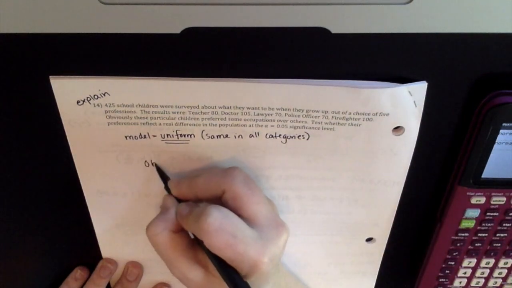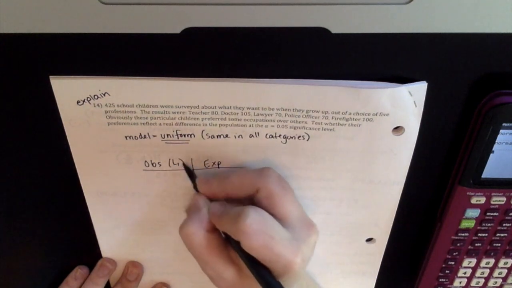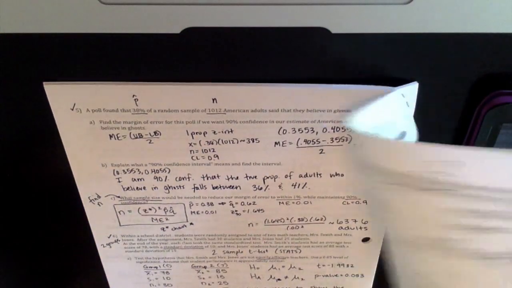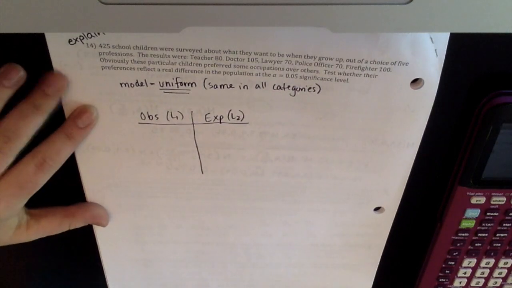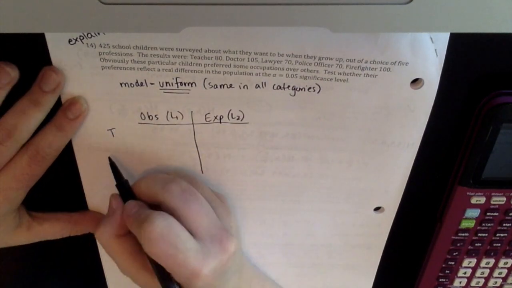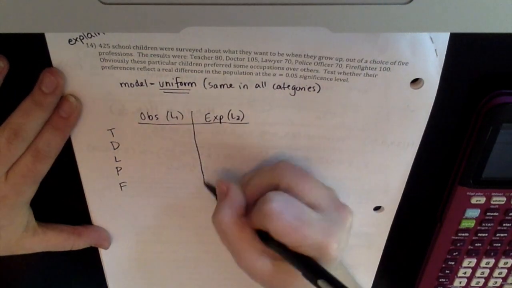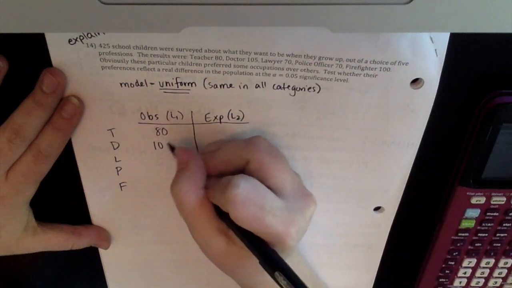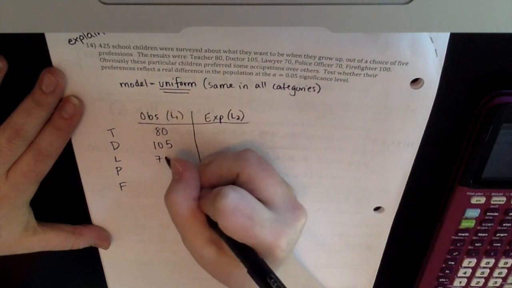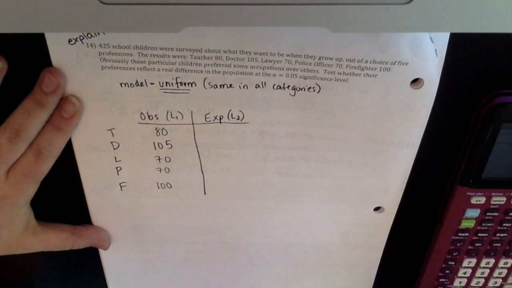So when you make your table of observed and expected to put into L1 and L2, which is really similar to number 8 that we did together in this video, we want to write down something to give it away: teacher, doctor, lawyer, police officer, firefighter, right? And our observed are the values found. So 80, 105, 70 said lawyer, 70 said police officer, and 100 said firefighter.